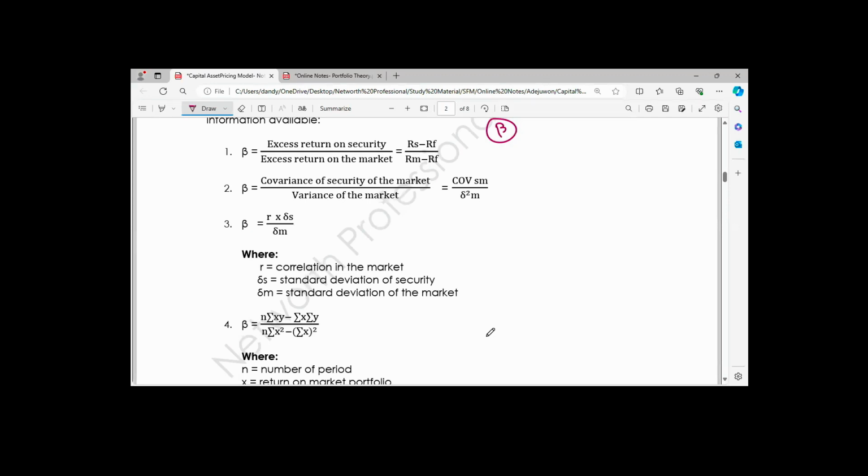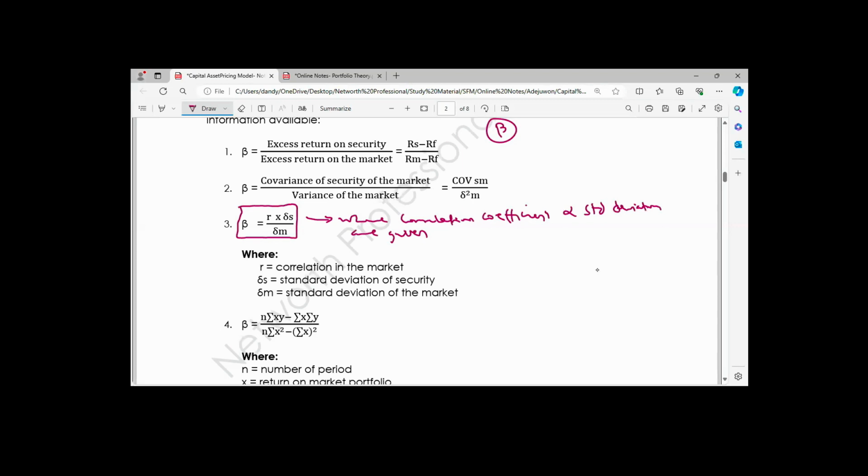So depending on the nature of the question, or depending on the information given to you in the question, if correlation coefficients and standard deviation are given, then this is the formula you are expected to use.